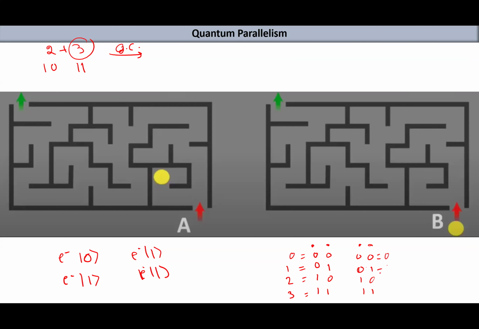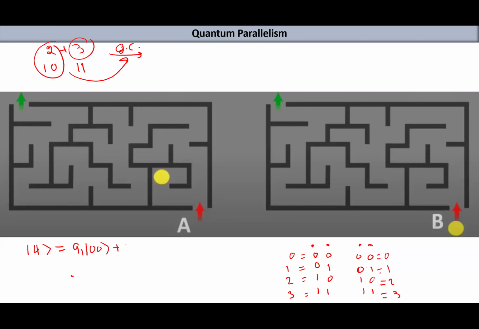What will the quantum system do when you put this into the quantum computing system? It will put this into superposition. It means it is going to create a psi equal to A1 |00> plus A2 |01> plus A3 |10> and A4 |11>.